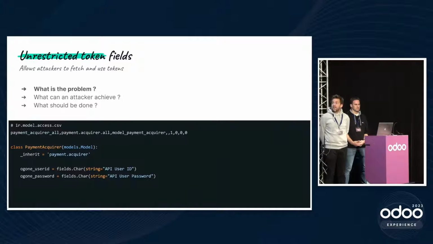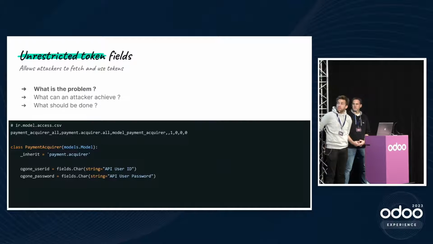So this is a typical example. We join back the first slides that Olivier introduced with the access rights. So it's a combination in this case. The access rights give real access to the model to all users, because there is no group added to the rule. And then you have a password field in that model.